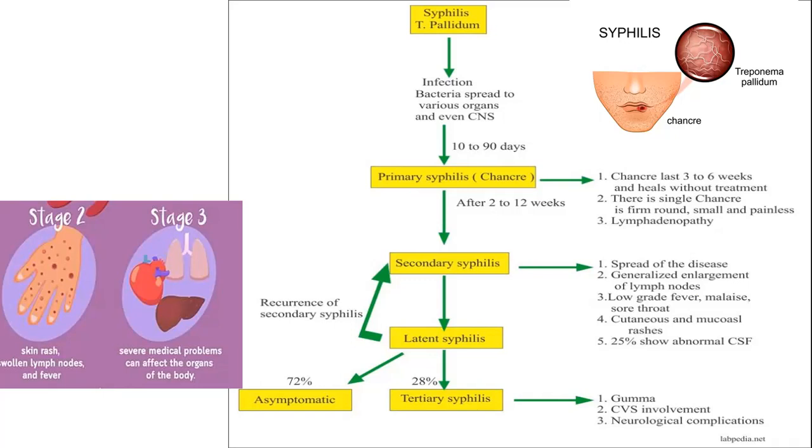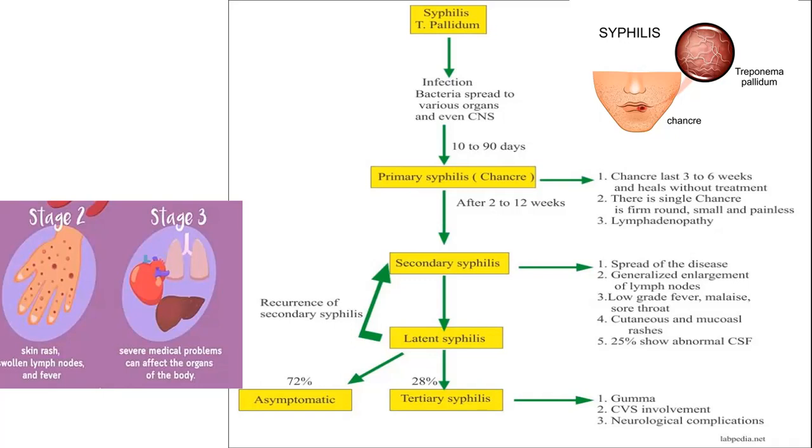After that, at the end of primary syphilis, the ulcer is absent and Treponema goes to the bloodstream and secondary syphilis begins. Secondary syphilis is a dissemination through all tissues and all organs.